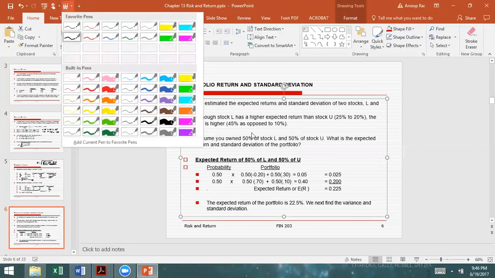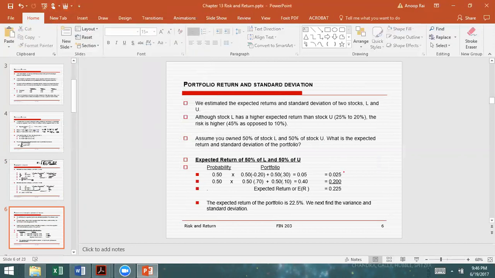So what we are saying is that 50% of my stock is only going to earn 5%. The other one has a high of 70 and a low of 10 with a mean of 40, because 50% of it will earn 70%, that's 35, and 50% of it will earn 10%, that's 5, so it's 40%. So 40% is what my other stock will earn, multiplied by 50%.